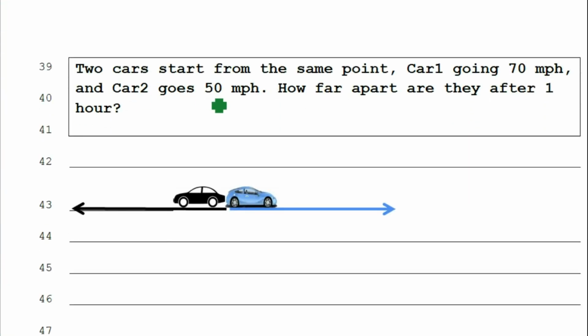Here two cars start from the same point. Car 1 going 70 miles an hour and car 2 going 50 miles an hour. How far apart are they after 1 hour? So this will be car 1 and this will be car 2.